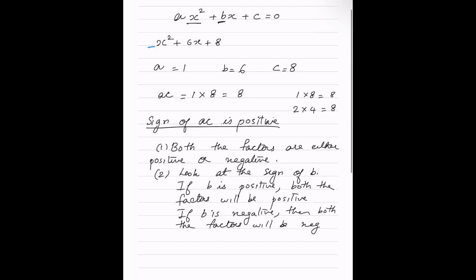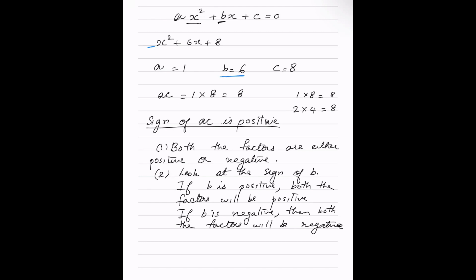This is what you need to understand. So here, the sign of B is positive and A into C is also positive. So the factors are going to be positive.